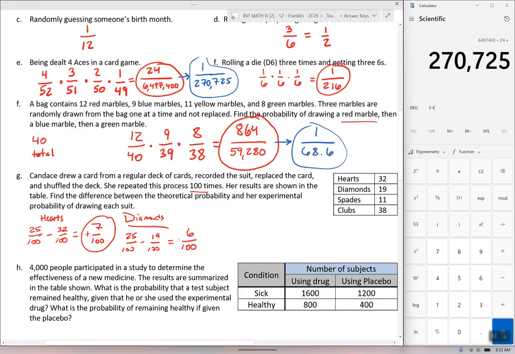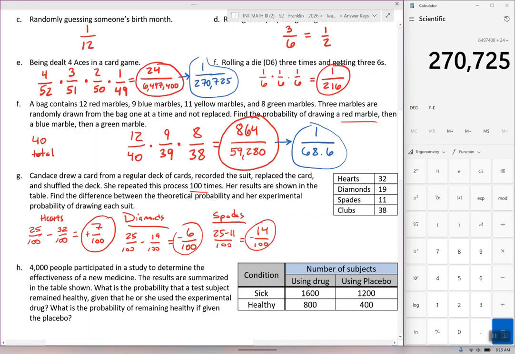So she was down 6 from where she expected to be. For spades, only 11, so 25 minus 11. We got 14. She was down 14 out of 100 from expected.